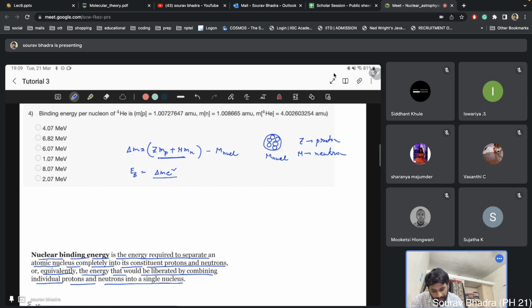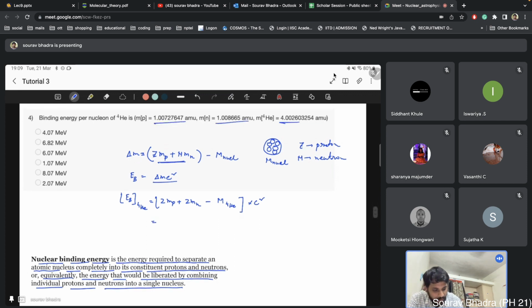Now for helium we can calculate it very easily. For helium there are 2 protons, 2 neutrons, minus the mass of helium-4, times c square. Now if you put all this mass, which is given in AMU, and 1 AMU will liberate energy of 931.5 mega electron volt, that we will use.